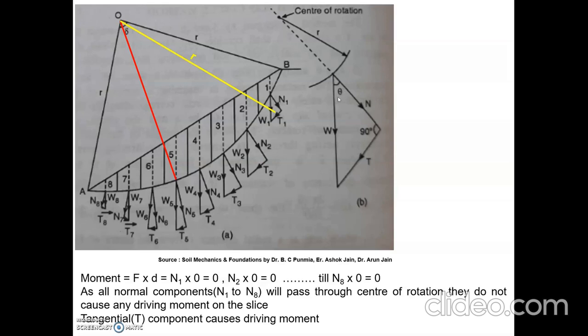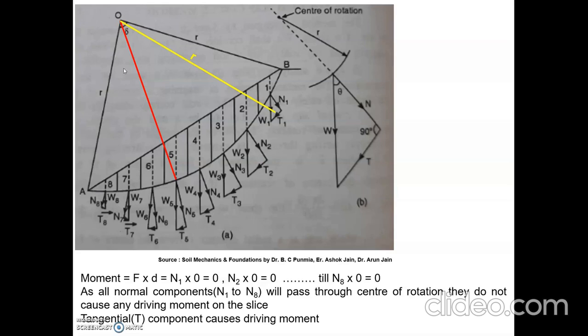From this figure, we can see that the normal component N is passing through the center of rotation, that is O. So we can say that the normal component N1 of the slice 1 is passing through center of rotation O. Similarly, N2 is passing through center of rotation O. And here we can see that N5 is passing through center of rotation O, and so on for all the slices.